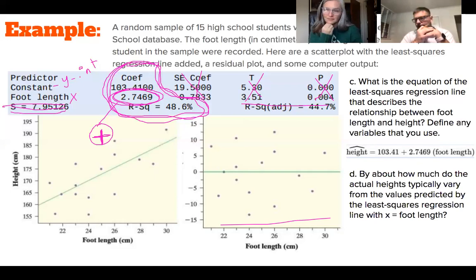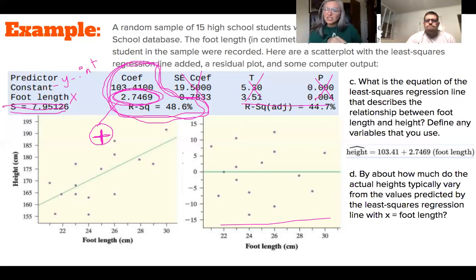You're safe then because you don't have to define. Now, if you use X and Y, then you have to define X and Y. If you put y-hat equals 103.41 plus 2.7469 X, you need to put Y hat, and tell me X equals foot length in centimeters, Y equals height in centimeters. It's just more writing. Just use the words, guys.